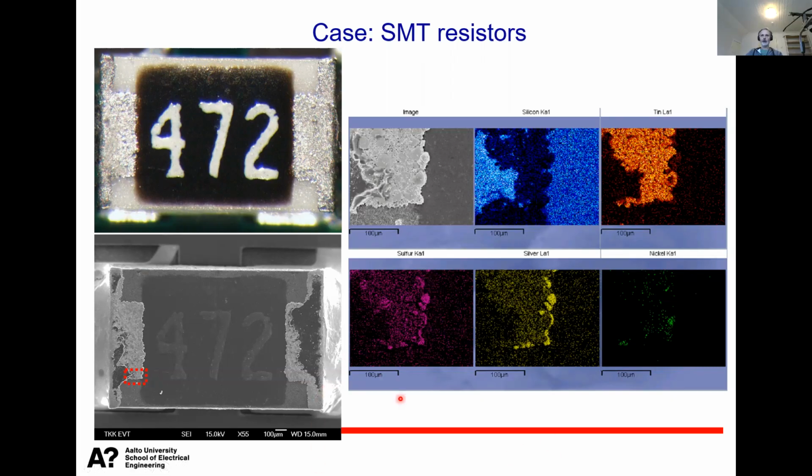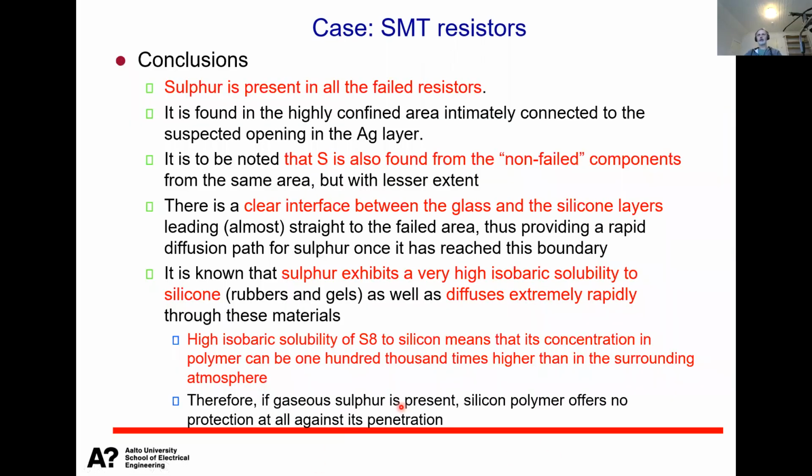In order to conclude, we noticed that sulfur was present in all those failed resistors. Sulfur was also found in the non-failed, functional components, but not that much as in the failed ones. And always when we detected sulfur, we also detected silver there.